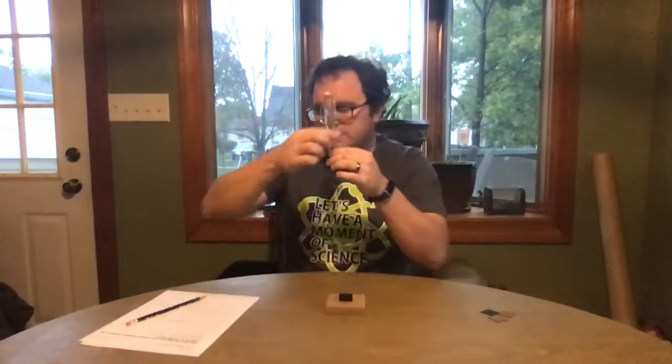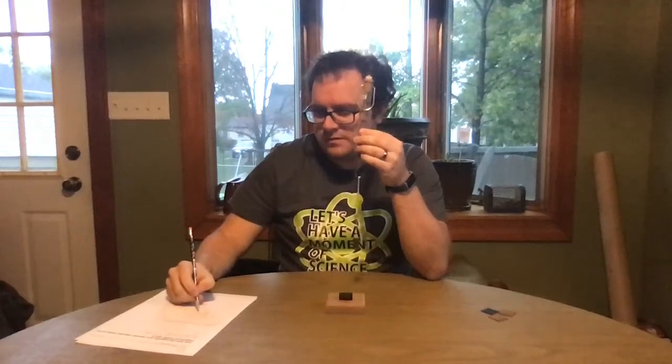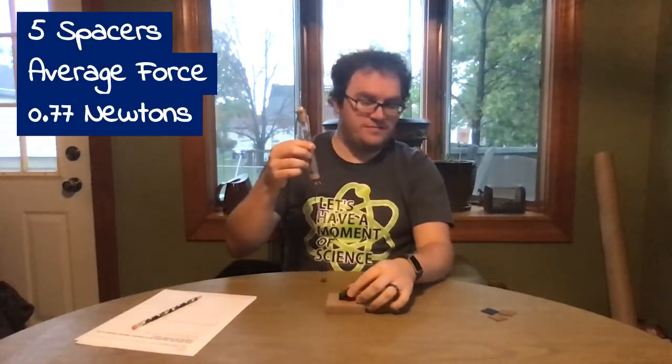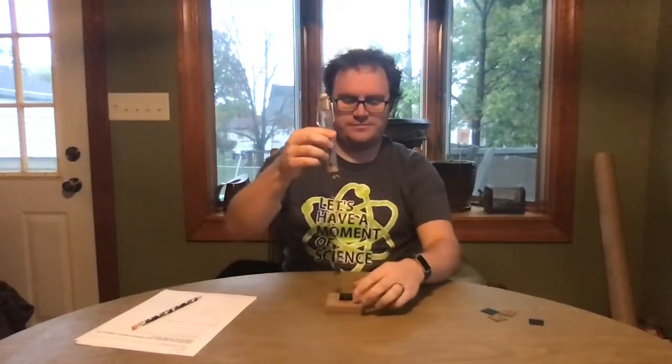You should be seeing a pattern so far. Correct, trial 2, and trial 3. And here's the average for 5 spacers. Now we're halfway through.